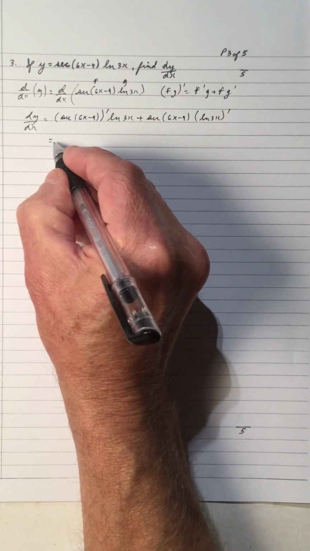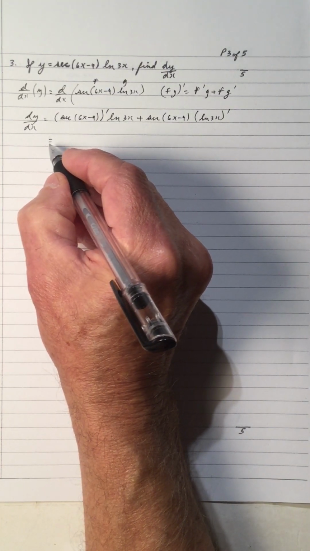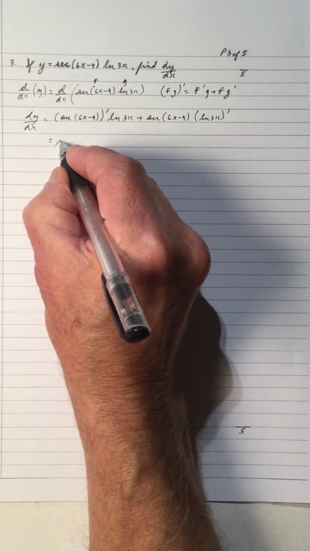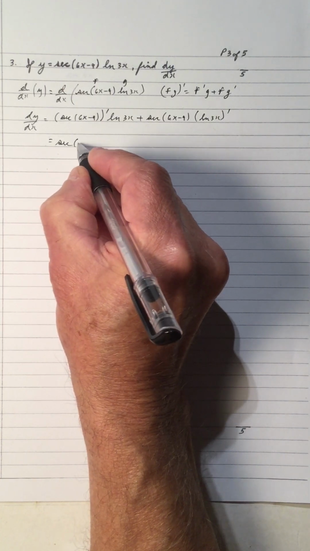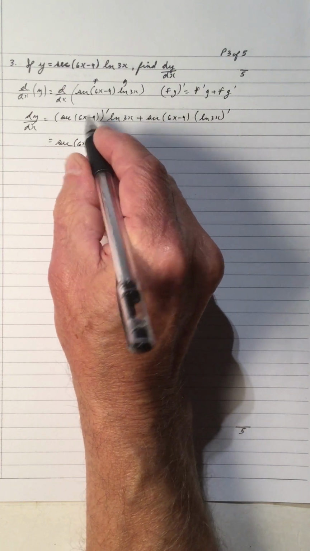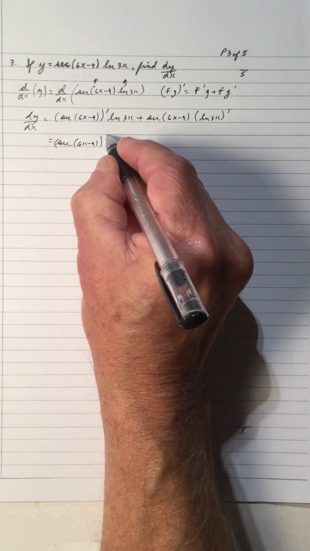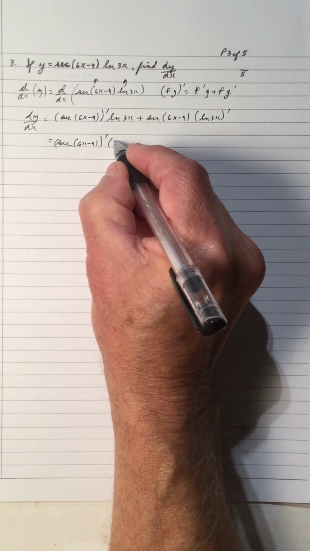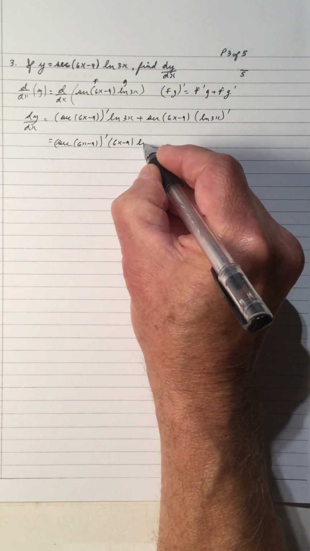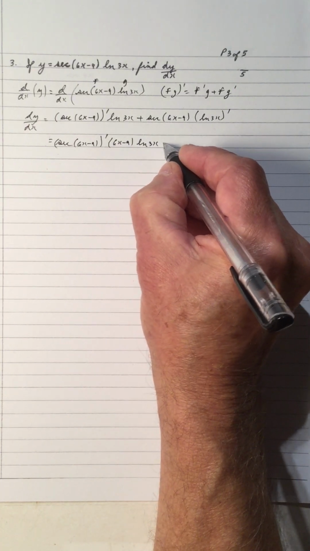So that comes down to be, this is the derivative of secant. So that's the outside function. So that's the derivative of secant times the inside, which is 6x minus 9, and the ln of 3x.